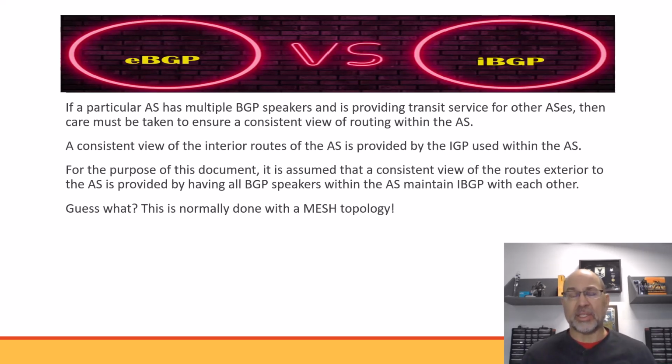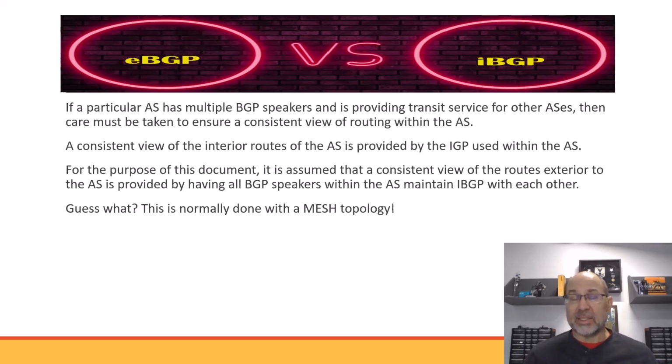Now, what that means is that if we remember that the whole point of BGP is to set up a connectivity graph for networks that are reachable via ASs, that probably means there are ASs in the middle. Those ASs in the middle that are interconnecting other ASs are providing transit services. You could call them a transit AS.